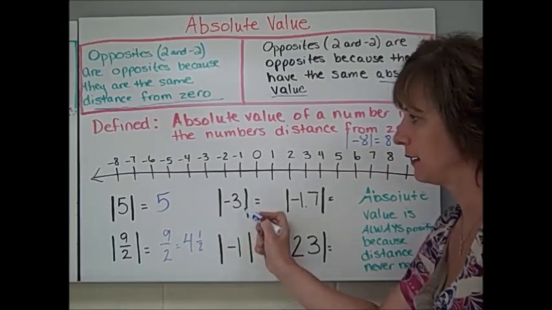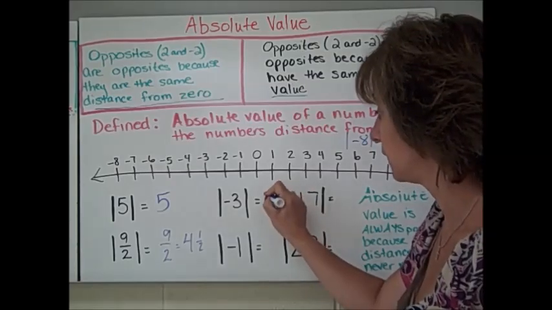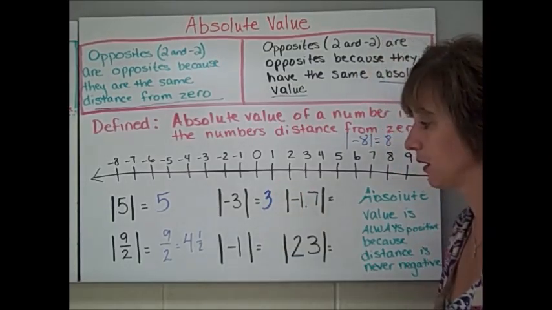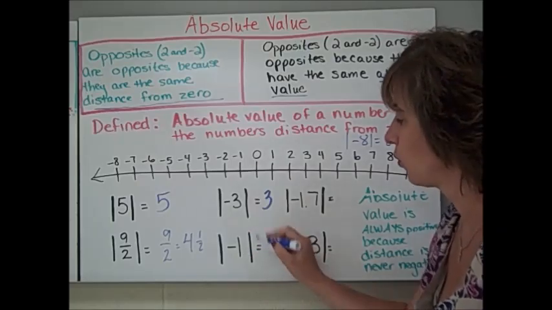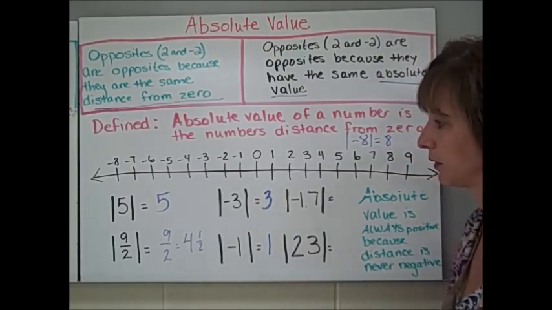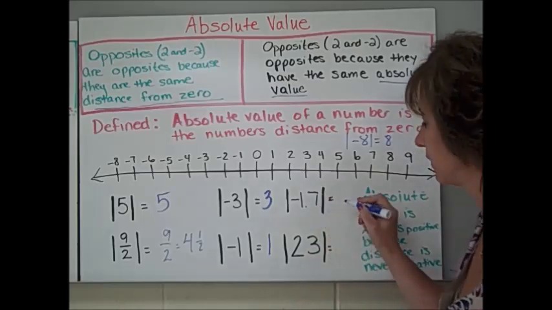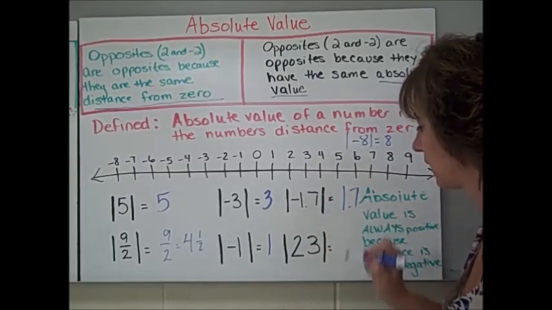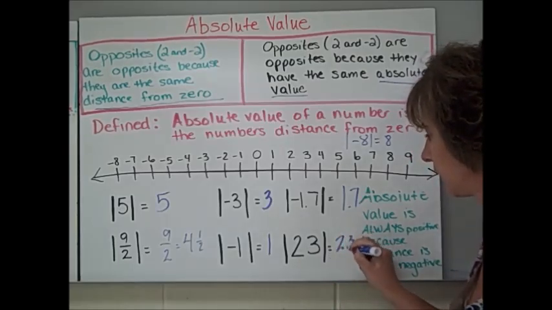How far away is -3 from 0? -3 is 3 away from 0. How far away is -1? It is 1 away from 0. How far away is -1.7? Well, it is 1.7 away. And how far away is 23? 23.